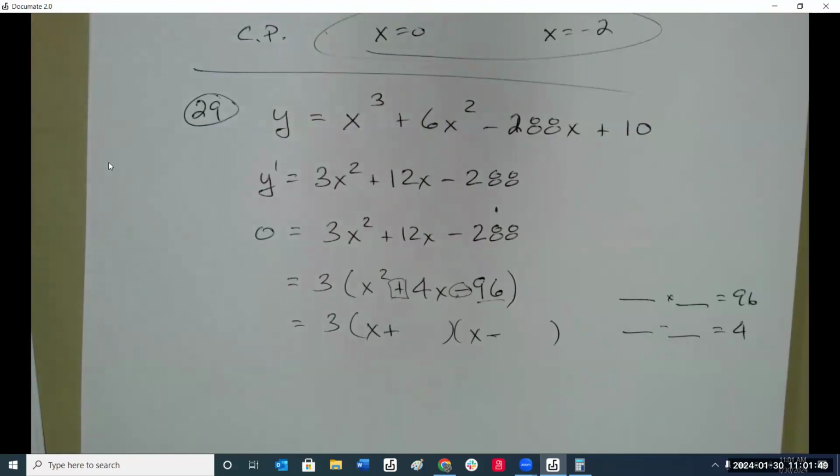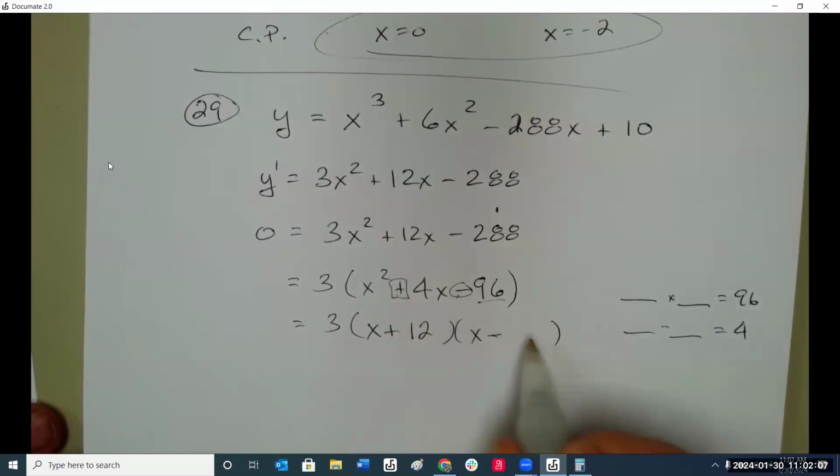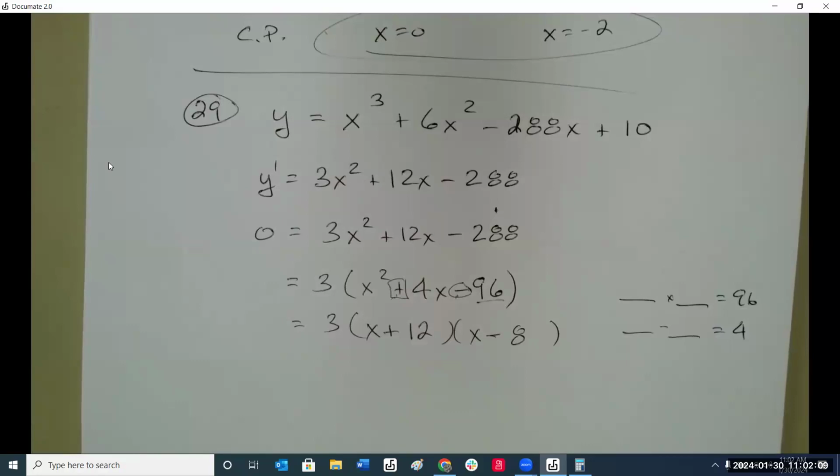No calculator, use a pencil and paper. I think 12 and 8. Yeah, 12 and 8. This is the hardest part of the whole process. So it's 12 and 8, right? Since this one's a plus, the 12 goes here, the 8 goes there.